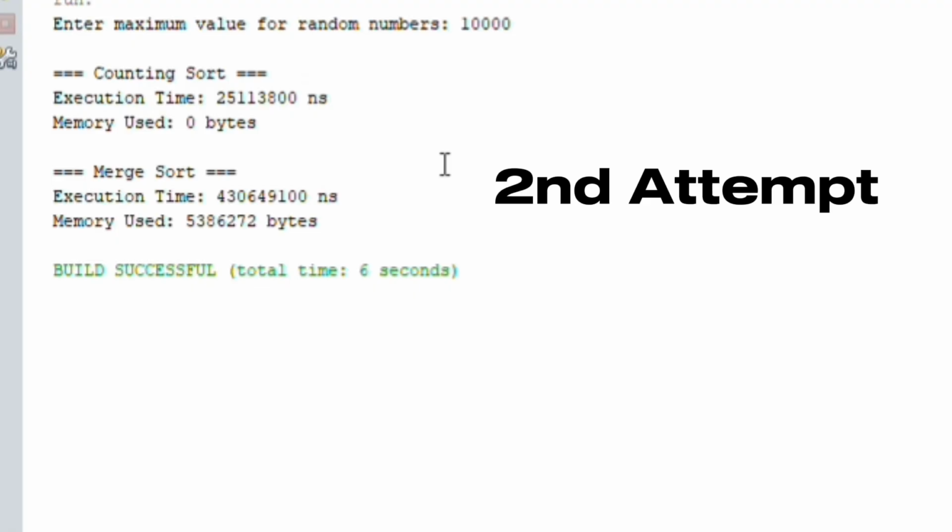This is true because the time complexity of the merge sort algorithm is O(n log n), while the time complexity of the counting sort algorithm is O(n + k), which is good for a fixed range.